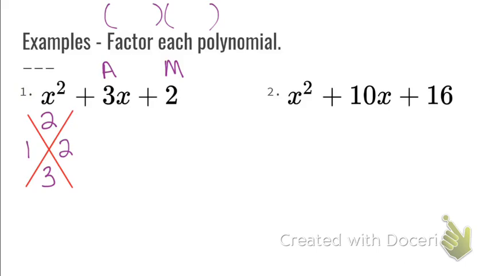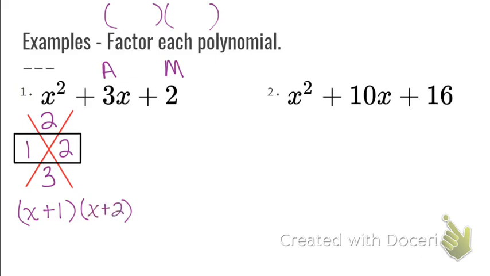So we would have x plus 1 and x plus 2. Those numbers on the sides get filled into our parentheses, and this would be our final answer.